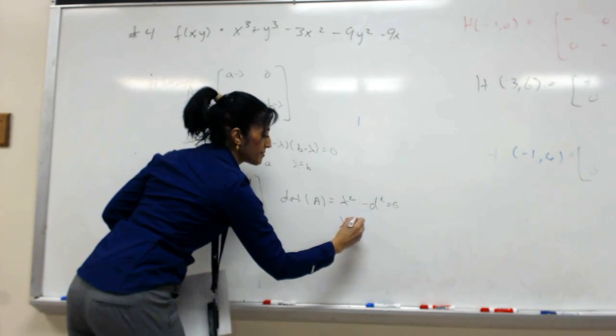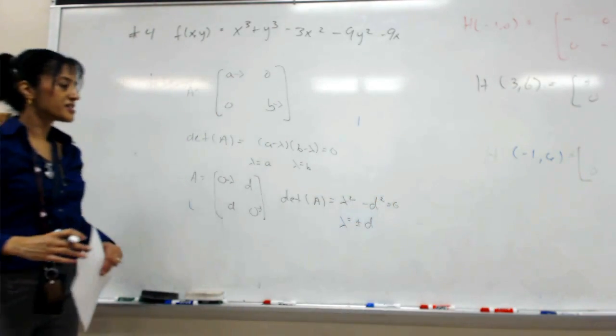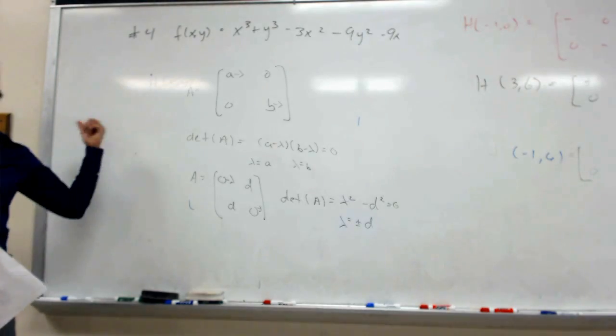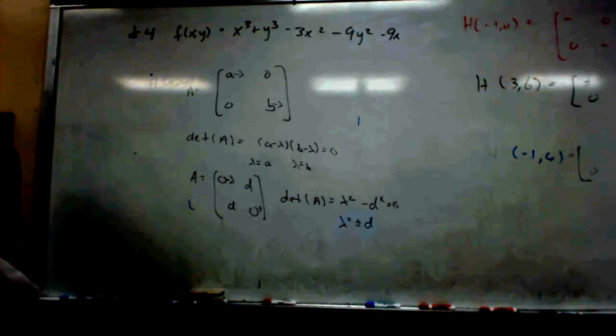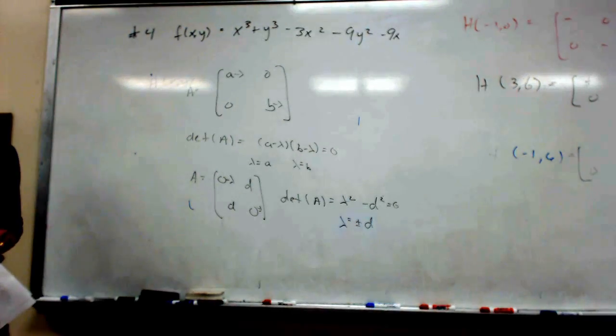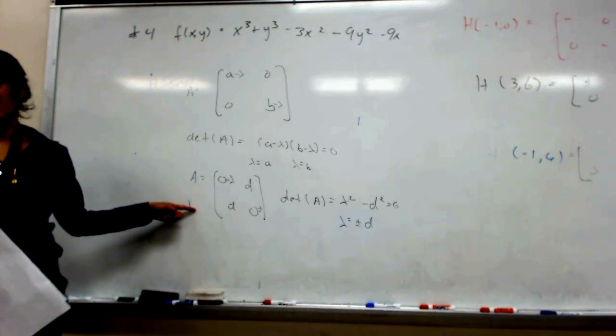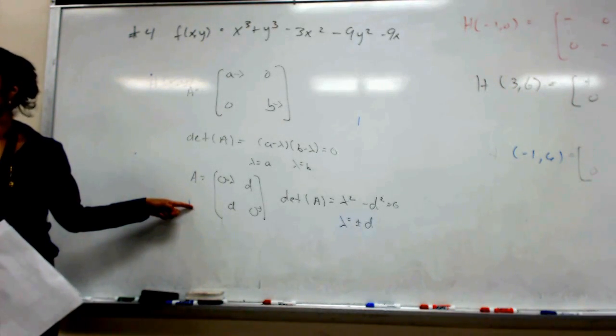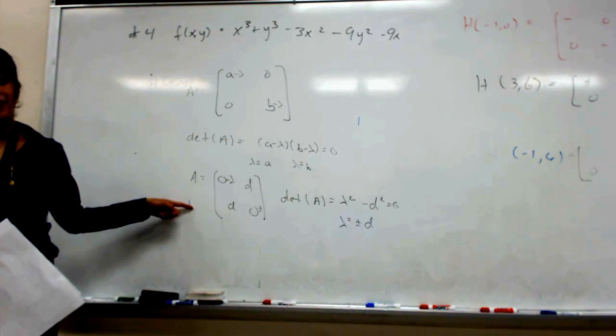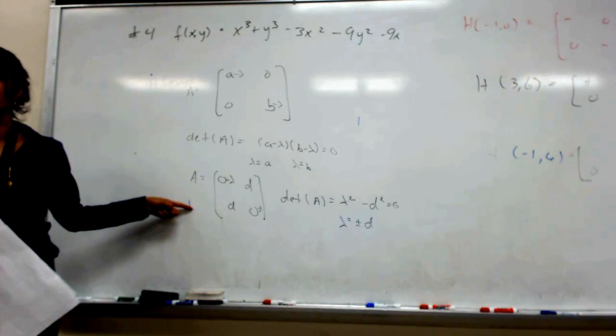So your lambda is going to be plus or minus D. The second you recognize that, you don't have to go through any more work. This most likely is always going to give you a saddle, right? The only case you won't get that is D equals 0, and then the test is inconclusive.